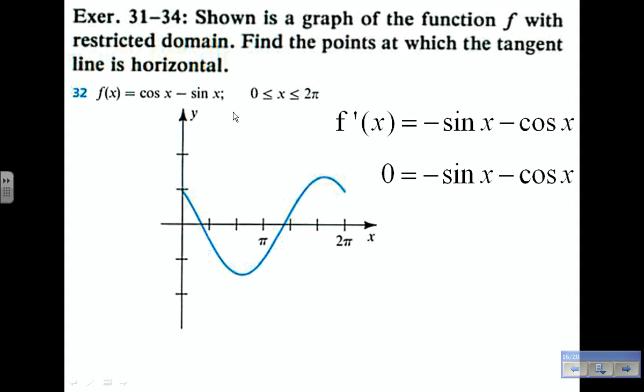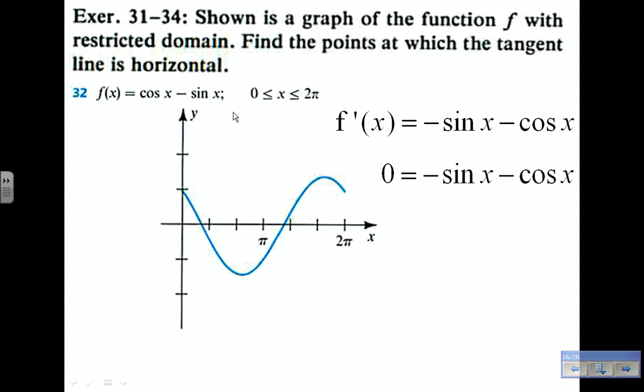What's the point? What's the radian angle measure? Close?